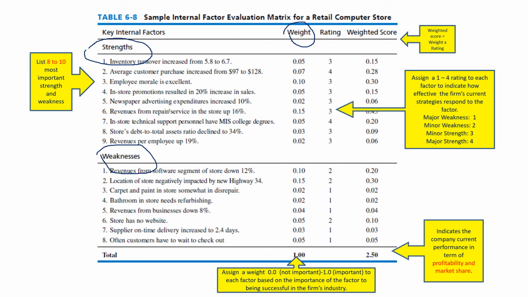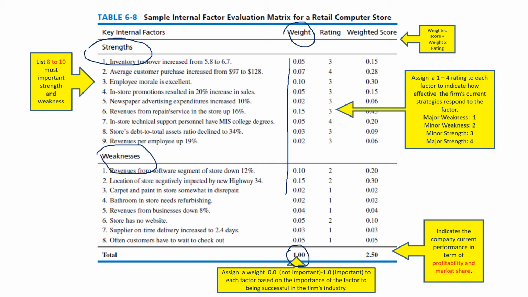This weight ranges from 0.0 to 1.0. 0.0 stands for not important, ranging up to 1.0, important. And the total here must be 1.0. It cannot be more than 1.0.